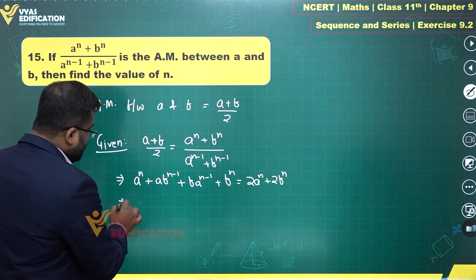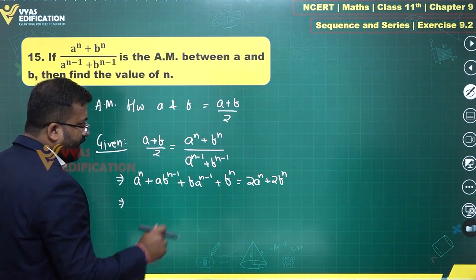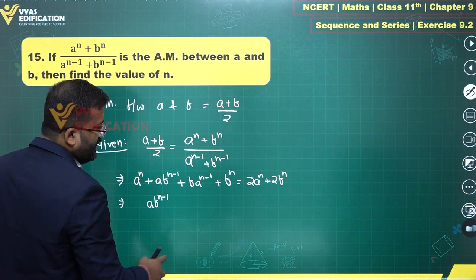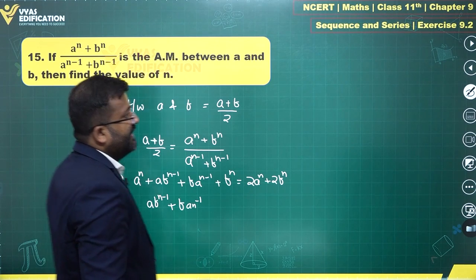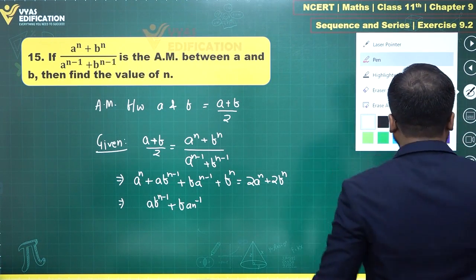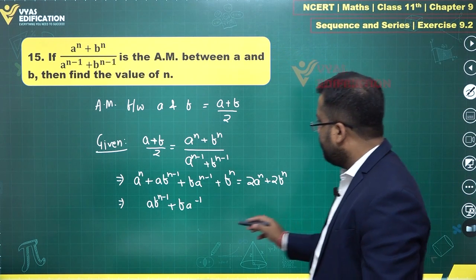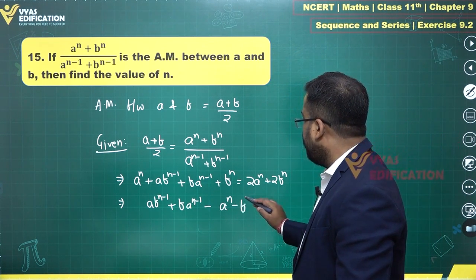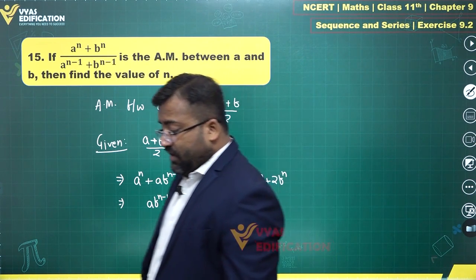This implies, after cancelling out the a^n and b^n, you get a·b^(n-1) + b·a^(n-1) - a^n - b^n, when you take everything on the left hand side. This is what you get, right?